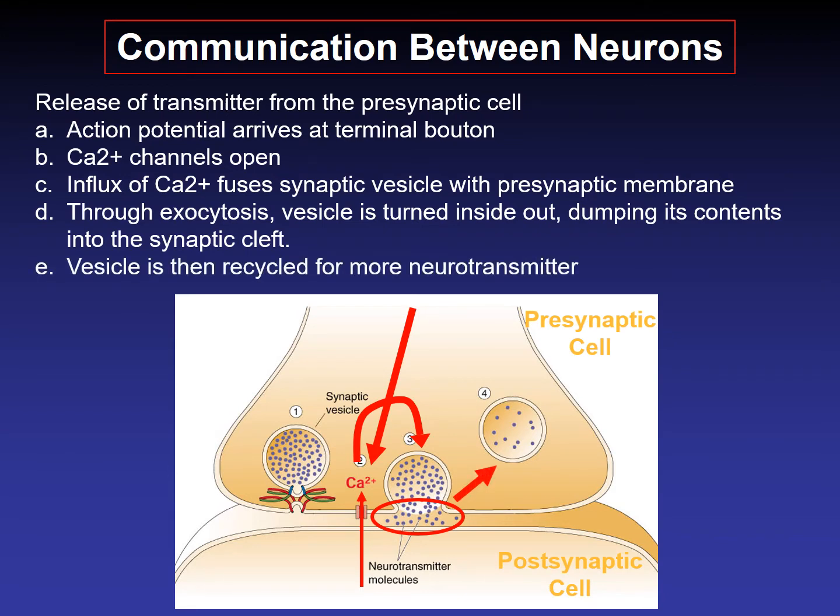And we then take this synaptic vesicle back into the presynaptic terminal bouton to package more neurotransmitter. So this is in effect what is happening in the presynaptic cell upon the arrival of the action potential.